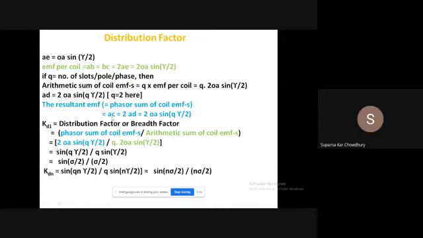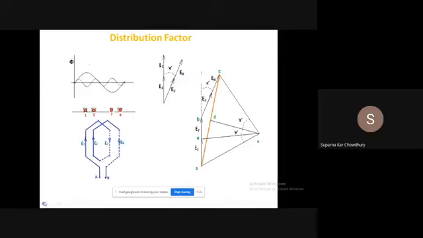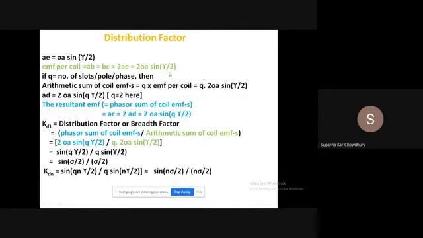Okay. So we define the distribution factor, or the breadth factor, as the phasor sum of coil EMFs by the arithmetic sum of coil EMFs. That is, if distribution was not there, the coil EMF available should be this value.